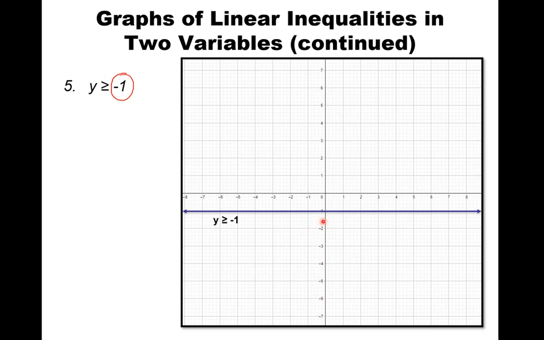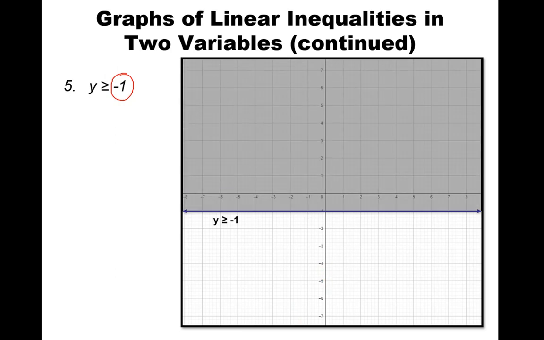Alam natin na lahat na nasa baba ng negative 1 ay negative 2, 3, and 4, and so on. So, hindi ito. So, nasa taas dahil nga greater than or equal to. Lahat ng positive values natin ay nandito sa area na to, sa region na to. That's why our shaded region will be this one.